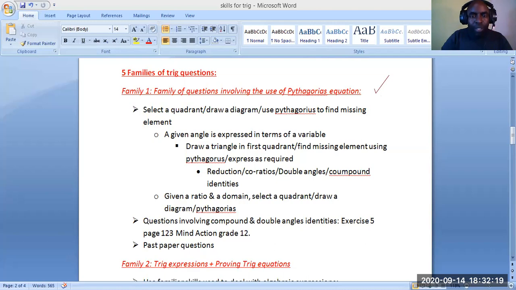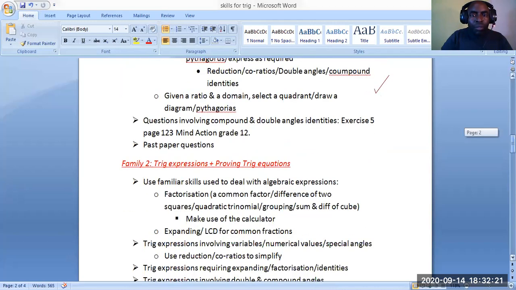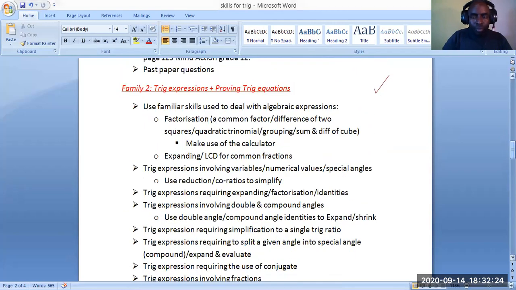The second family deals with trig expressions and also proving identities once you have got 2 expressions.